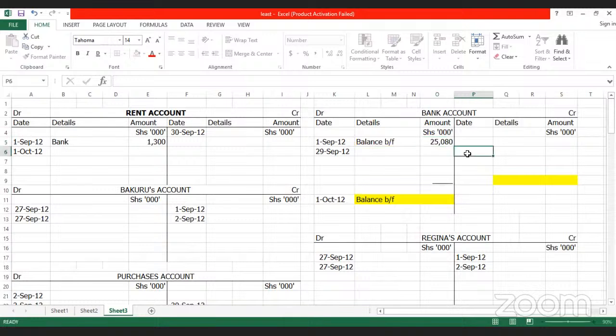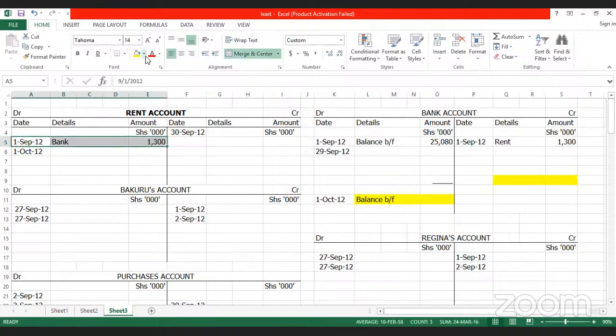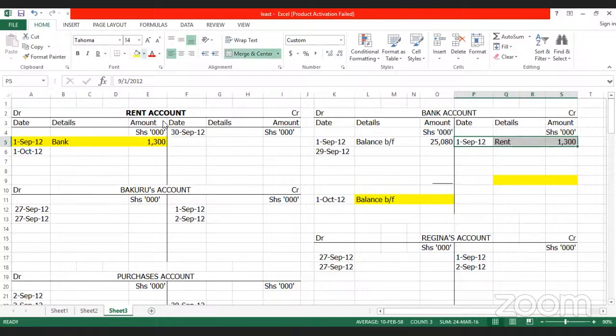Now out of that bank balance, they are paying rent on 1st September 2012. Details rent. How much is rent paid? That is 1,300. So now you can see that I've debited my rent account, and then I've also credited the bank account.